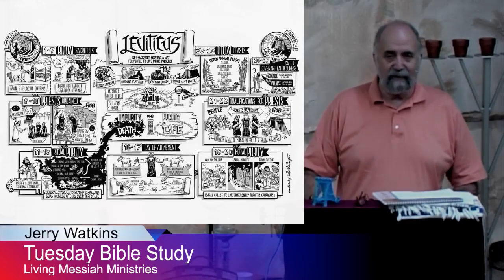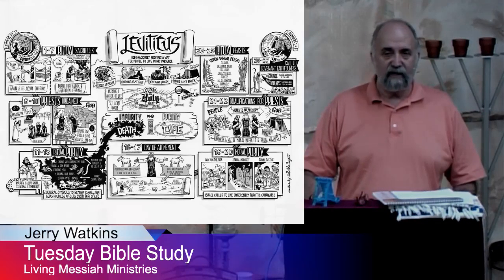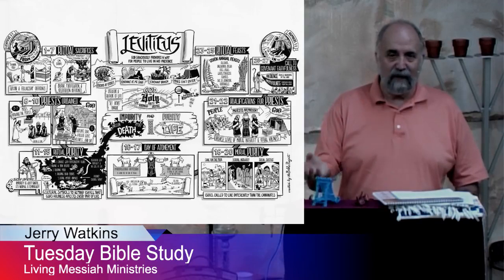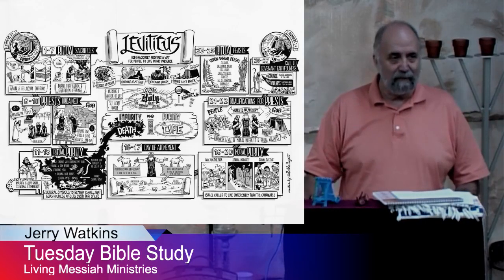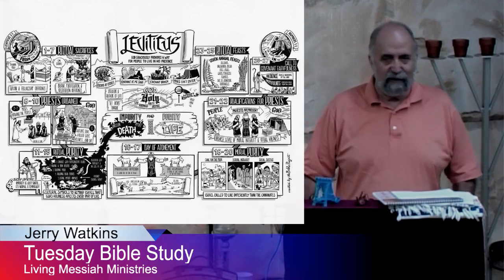And one of the things that happens in the year of Jubilee is that whatever land has changed hands during the 50 years goes back to the family as it was in the beginning. It's just such an interesting concept. We don't have anything like this today.